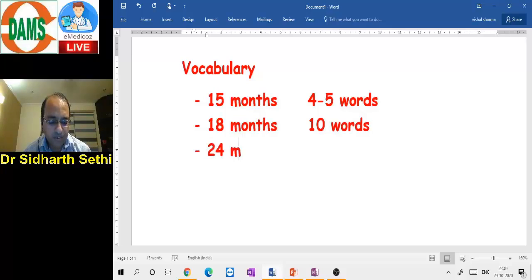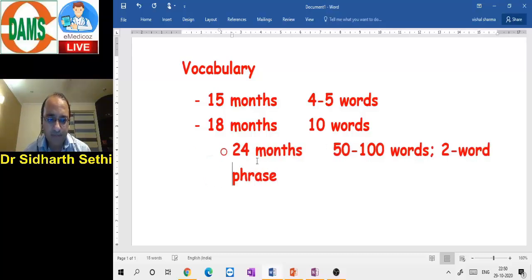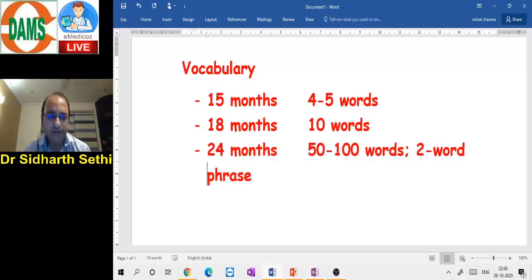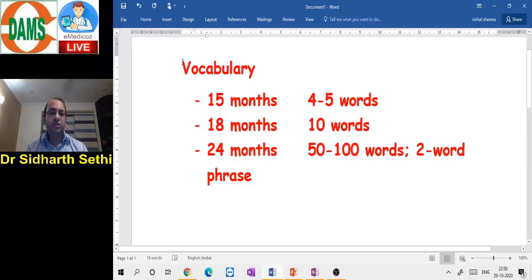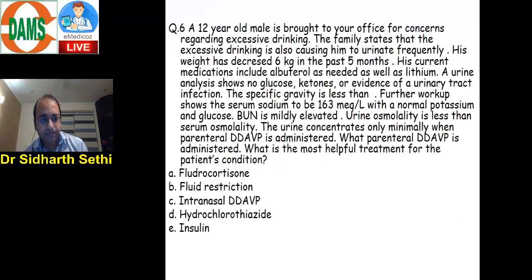And at 2 years, suddenly his vocabulary increases to almost 50 to 100 words. And this is the time when he would also speak a 2-word phrase, like don't laugh, don't smile. So remember, vocabulary of around 50 to 100 words is at 2 years.